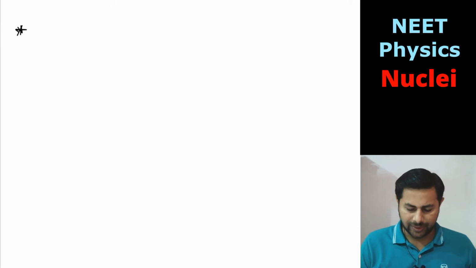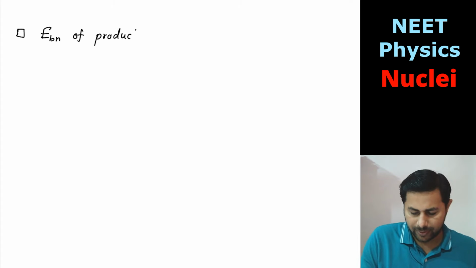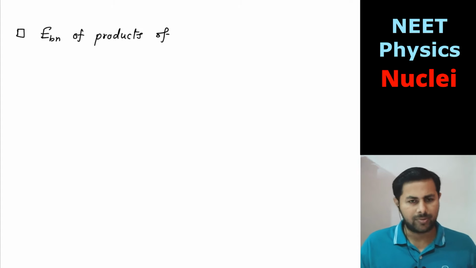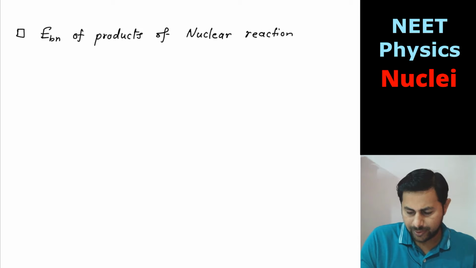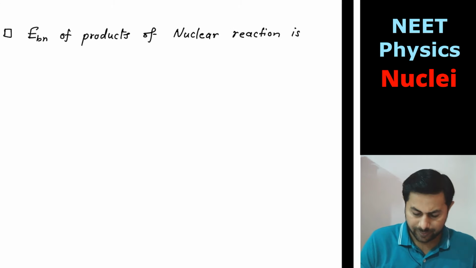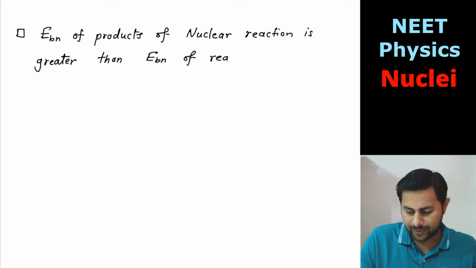So what we can say is the EBN of products of the nuclear reaction is greater than the EBN of reactants, that is always.